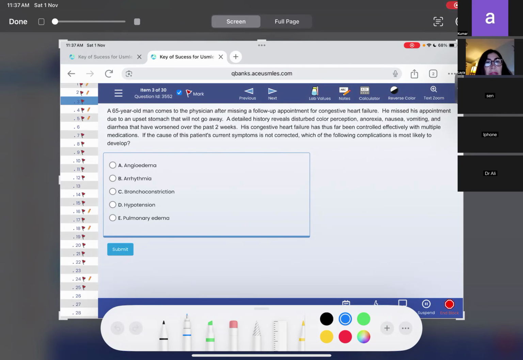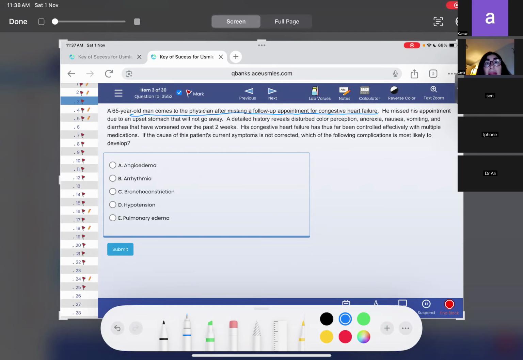A 65 years old man comes to the physician after missing a follow-up appointment for congestive heart failure. He missed his appointment due to an upset stomach that will not go away.